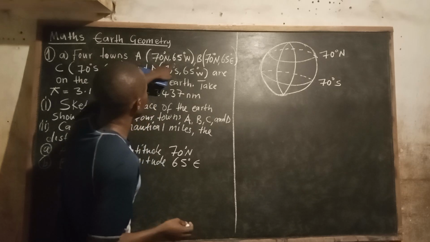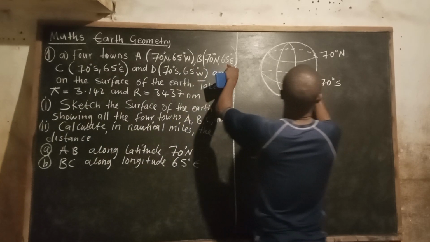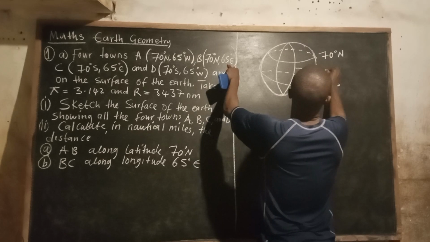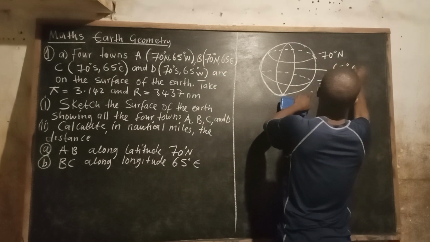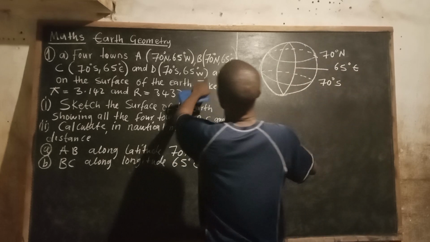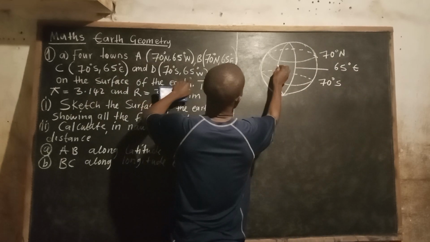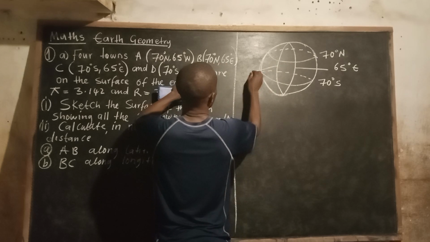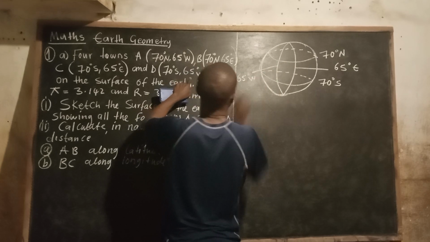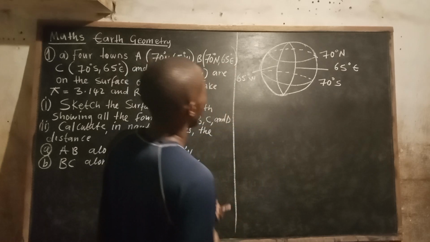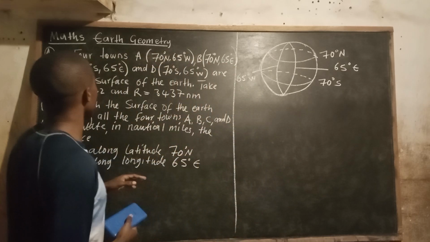We have 65° east, this side east. Then 65° west, this side. So these are the lines that we have on the surface of the earth.